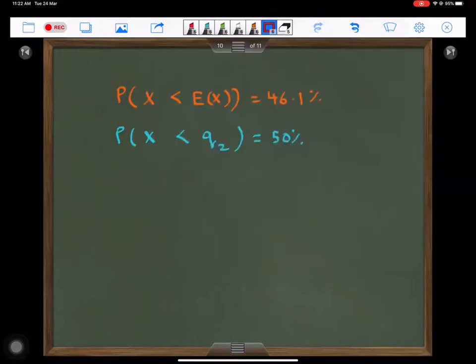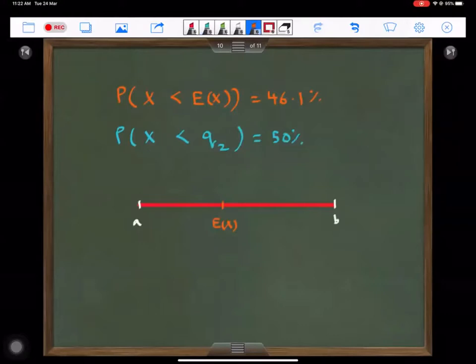So now if I draw a number line, this is A, this is B, upper limit, lower limit, whatever they are. Somewhere here is expectation of x, which is 46% approximately.